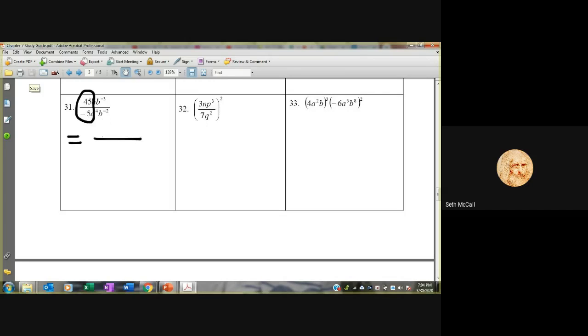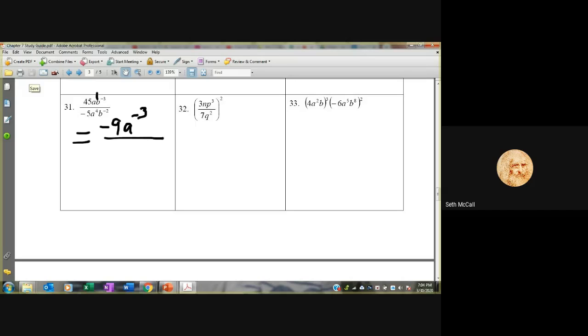And now, oops, I need to back up here. Okay, negative 9. Now we have a to the first on top and a to the fourth on the bottom. So we have to do 1 minus 4, which is negative 3. So that becomes a to the negative 3. And then we have b to the negative 3 on top, b to the negative 2 on the bottom.